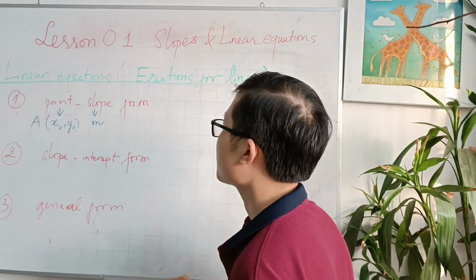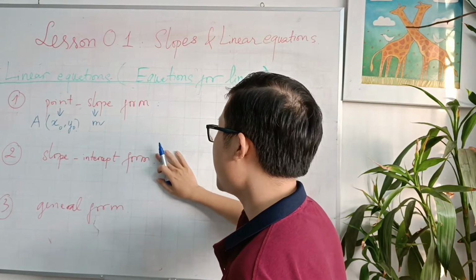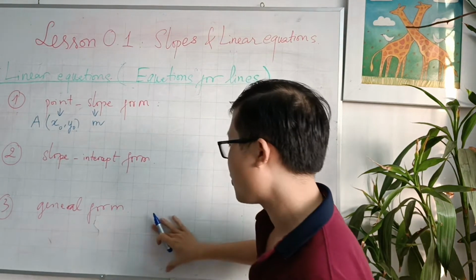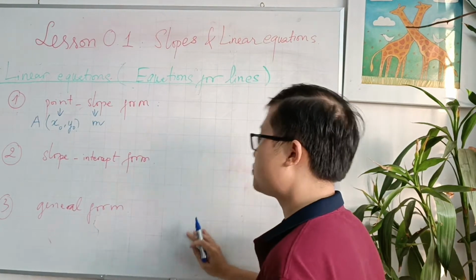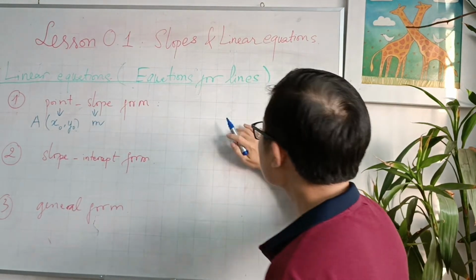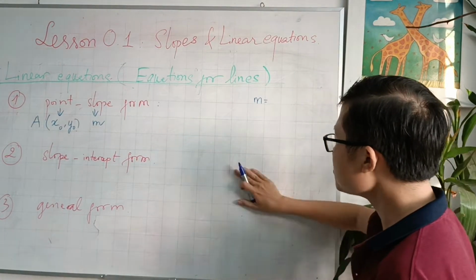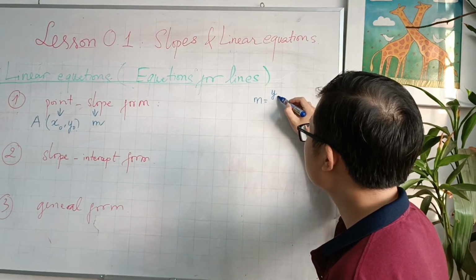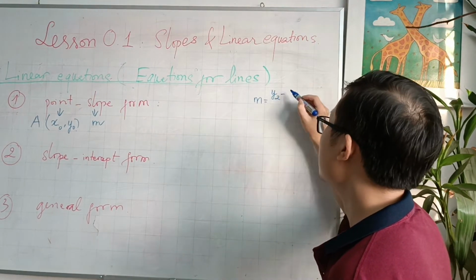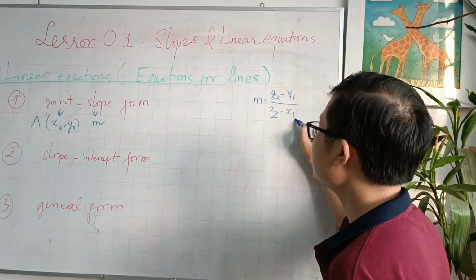The formula of this form we can derive from the slope formula. In the slope formula, we have m equals y2 minus y1 over x2 minus x1.